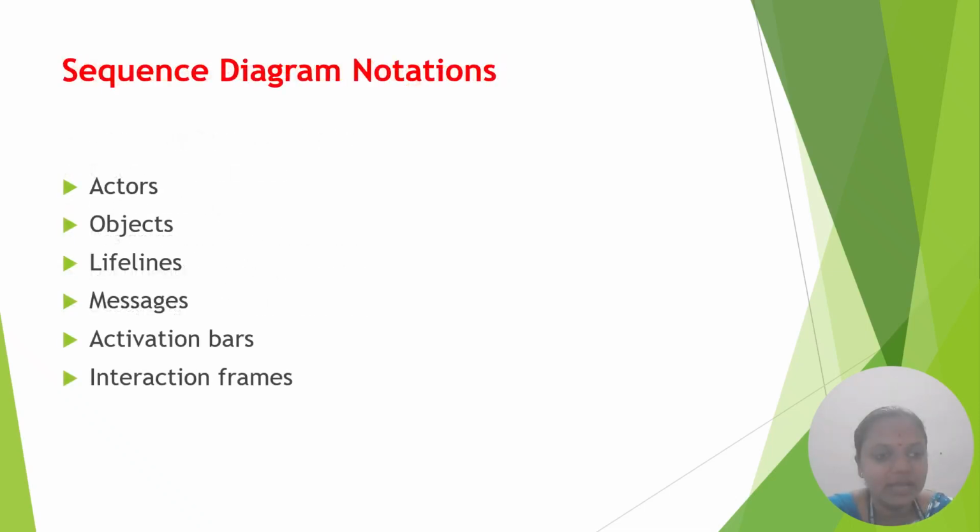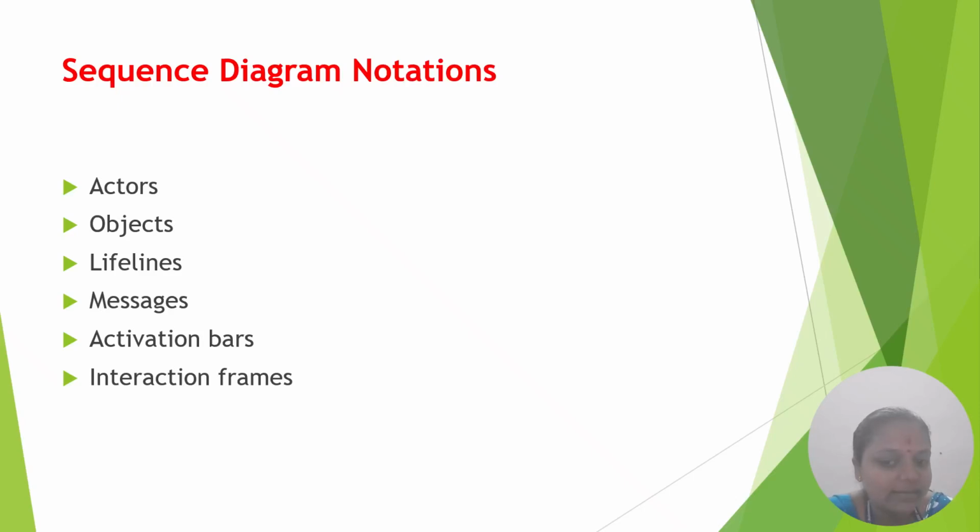Next is sequence diagram notations. In a sequence diagram, several notations are used to represent the interaction between different objects in a system. The main notations include actor, objects, lifeline, messages, activation bar, and interaction frames. An actor represents an external entity such as a user or another system that interacts with the application, while an object represents a component or a class within the system.